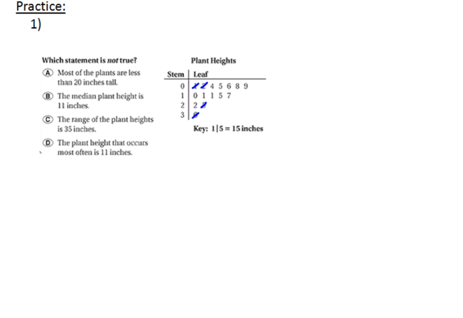The smallest cancels the biggest. 6 cancels 15. 8 cancels 11. 9 cancels 11. And this is your number in the middle. The number is 10. B says the median is 11, so that is the one that's not true.